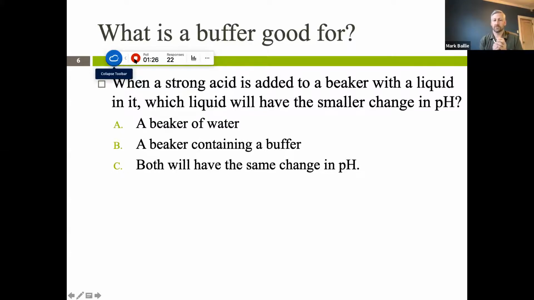Usually when you have a buffer, that's the thing that things are added to. So that's the receiving solution. What we add to the buffer is going to be a strong acid or a strong base. And so the question is, does adding a strong acid have a bigger impact on pH in a buffer or in a plain water solution?